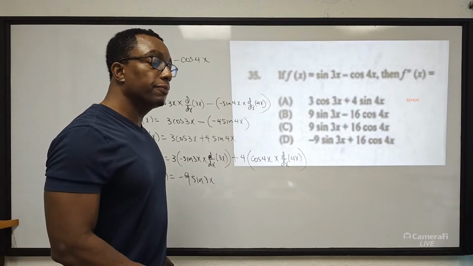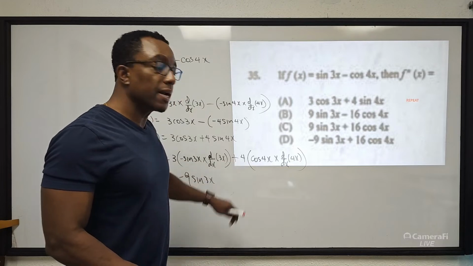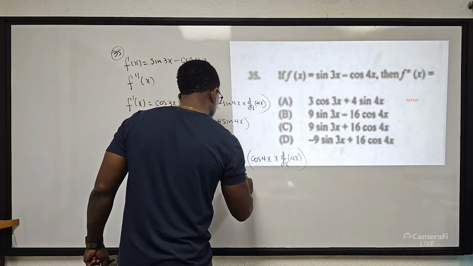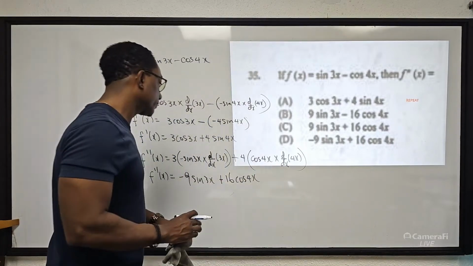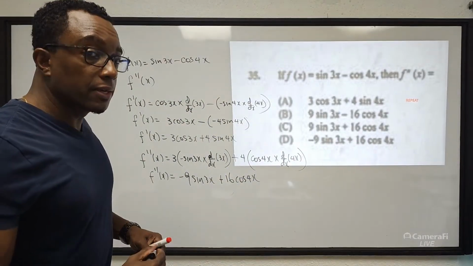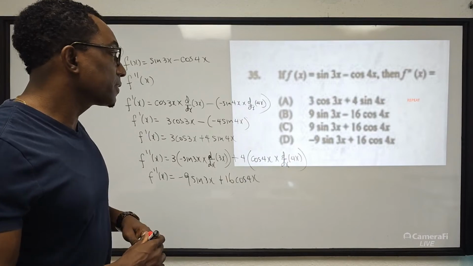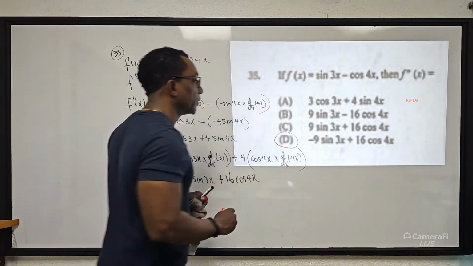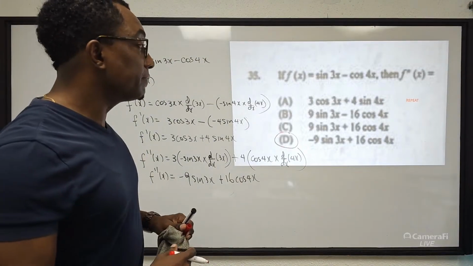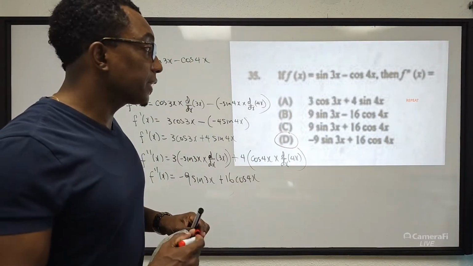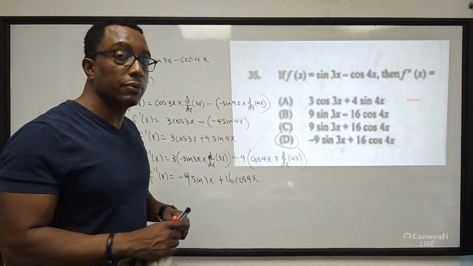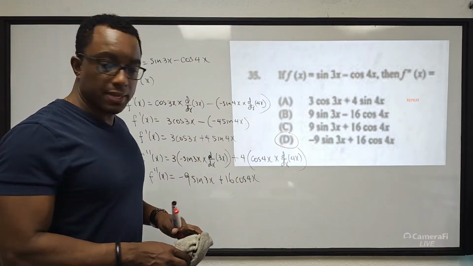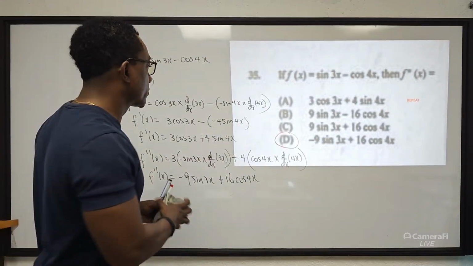When I multiply by my 4 outside, it becomes plus 16 cos 4x. And that's the second derivative. Whose answer is D, which is a repeat. So you're looking for negative 9 sine 3x plus 16 cos 4x. Alright, let's look at 36.